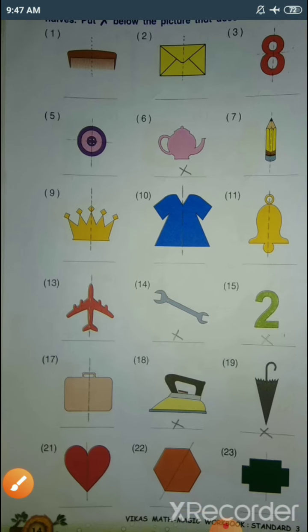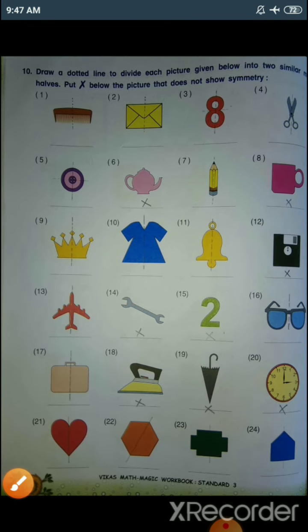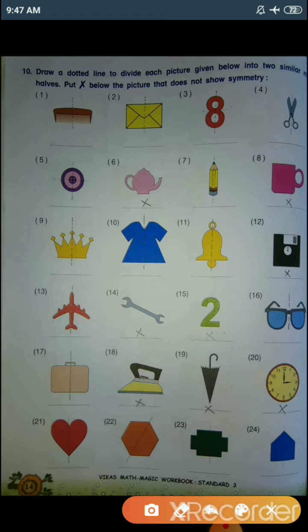So with the help of this method, we can solve other examples. In homework, you need to do question number 14 to question number 24, whether the shapes show symmetry or not.